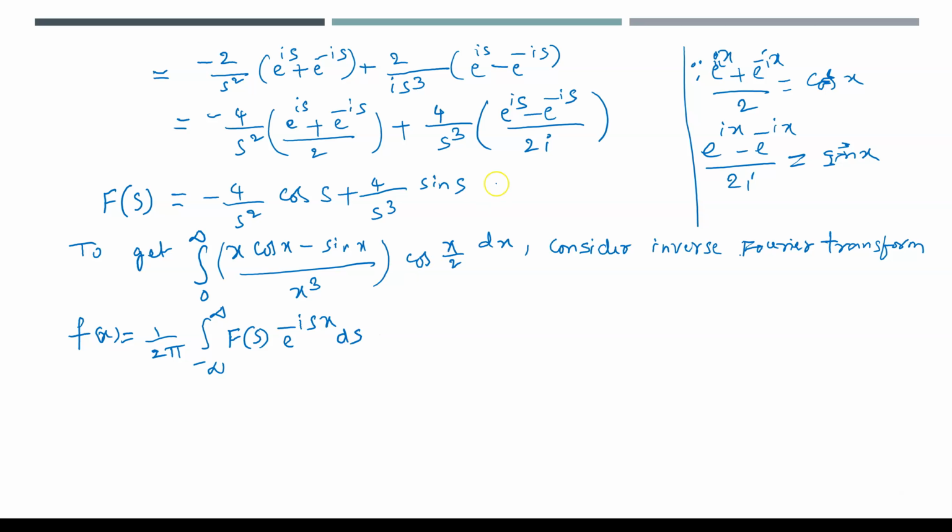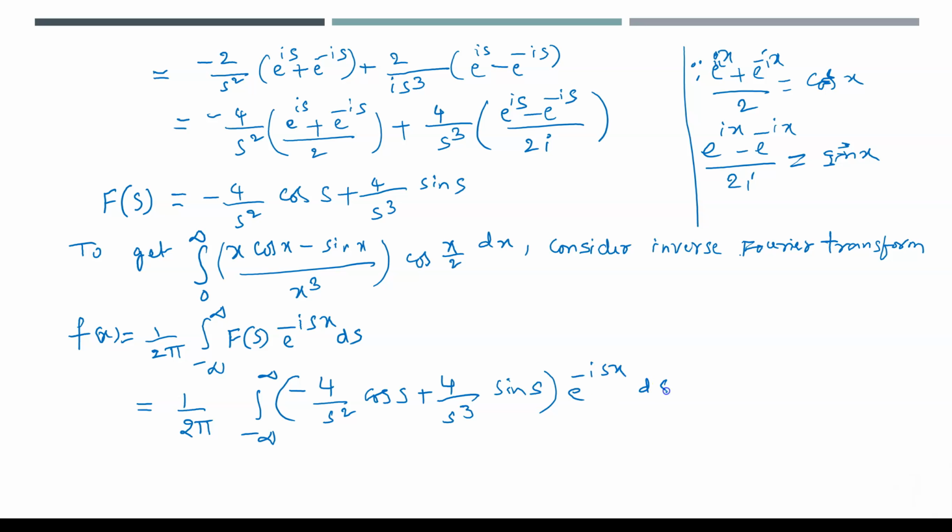Now here this is F of s, so we substitute this F of s in this formula, then we get 1 by 2 pi integral minus infinity to infinity minus 4 by s square cos s plus 4 by s cube sin s into e power minus isx ds.